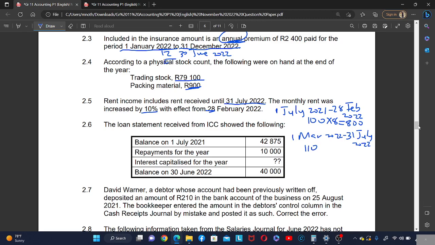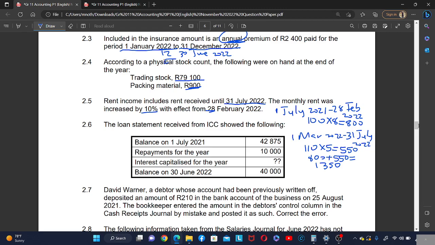So 110 from 1 March to 31 July, that is 5 months. So this is 550, right? So 800 plus 550 is equal to 1,350. So this is a total percentage that was received for the rent, right?